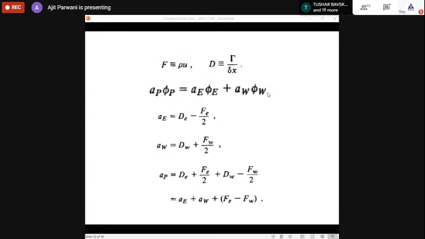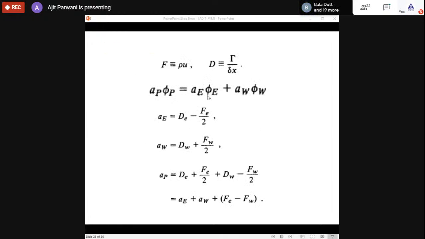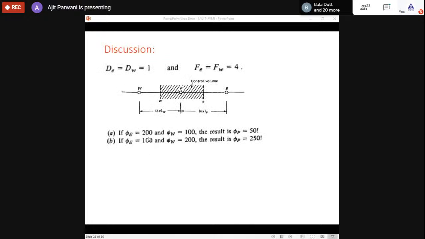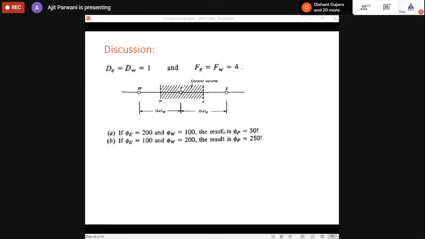If I use the central difference scheme, phi P is equal to AE phi E plus AW phi W upon AP. The value of AE is equal to D minus FE by 2, and AW is equal to DW plus FW by 2. So putting in these values, you will be amazed that you get phi P equal to 50.